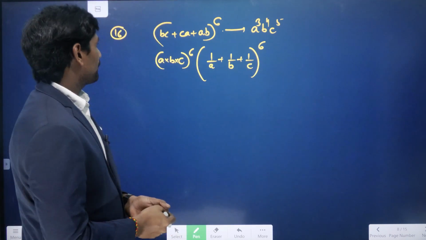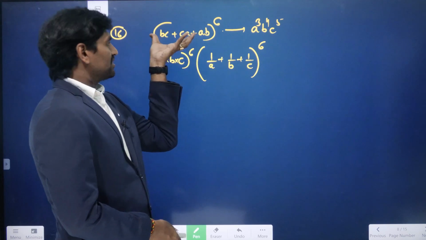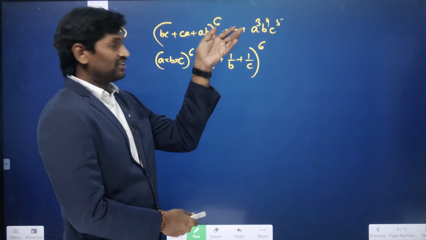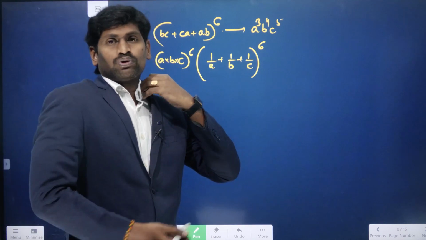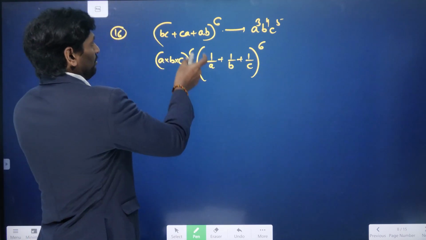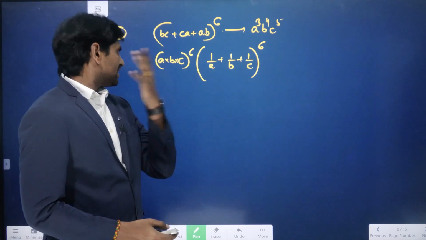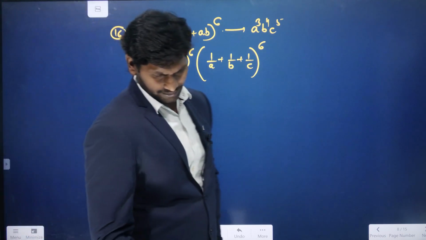That means for dividing with abc in the whole power of 6, we need to use (abc) whole to the power of 6. Then only are we able to divide bc by abc, ca by abc, and ab by abc, and we get 1 by a plus 1 by b plus 1 by c.